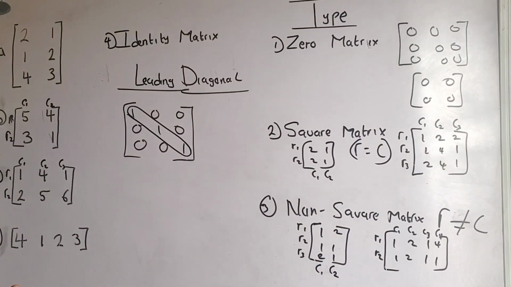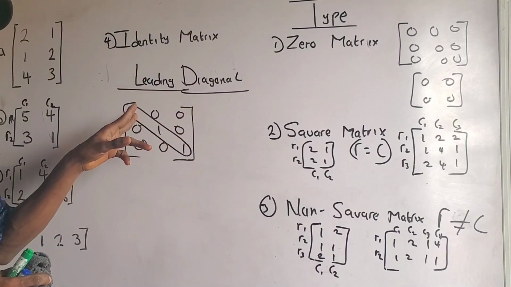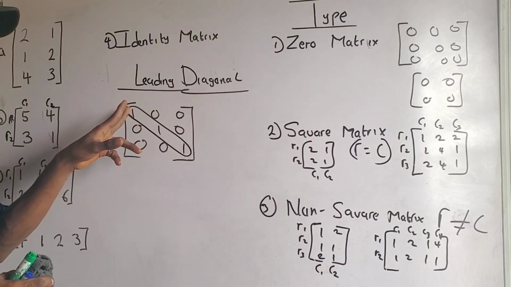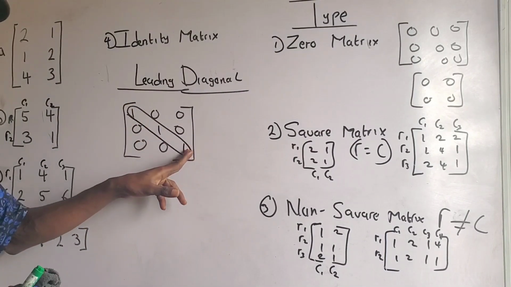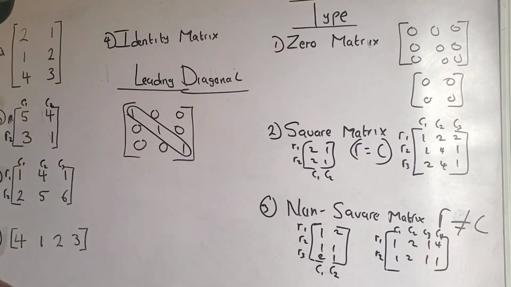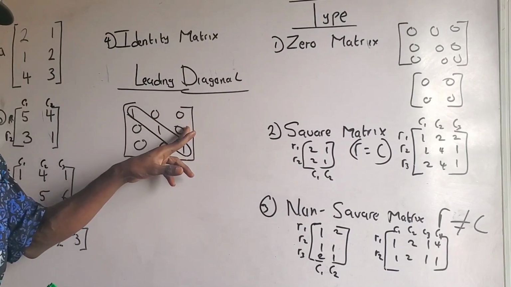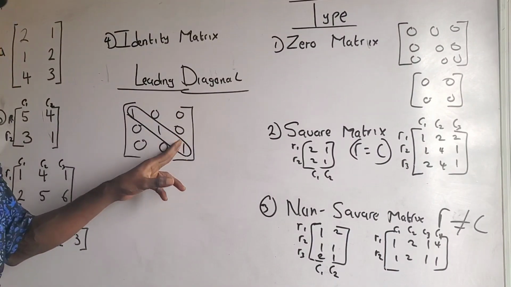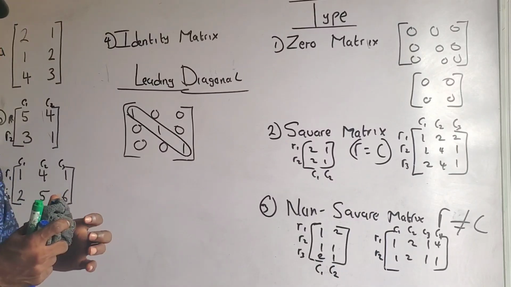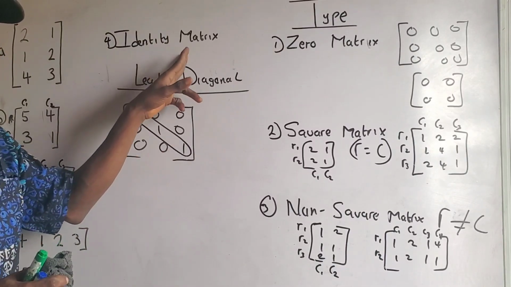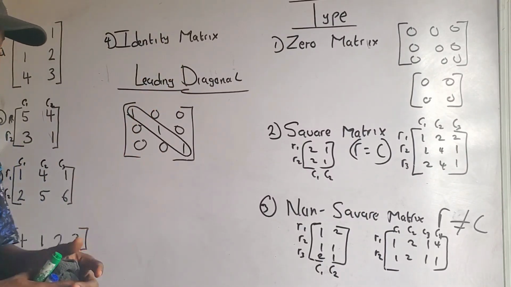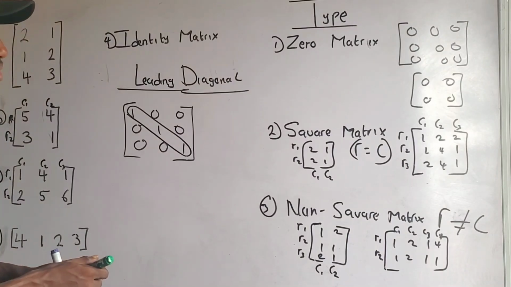If you have all other elements as 0 except the elements in the leading diagonal, that kind of matrix is called an identity matrix. Do not forget. Okay, let's look at another one. Let me give you another example.